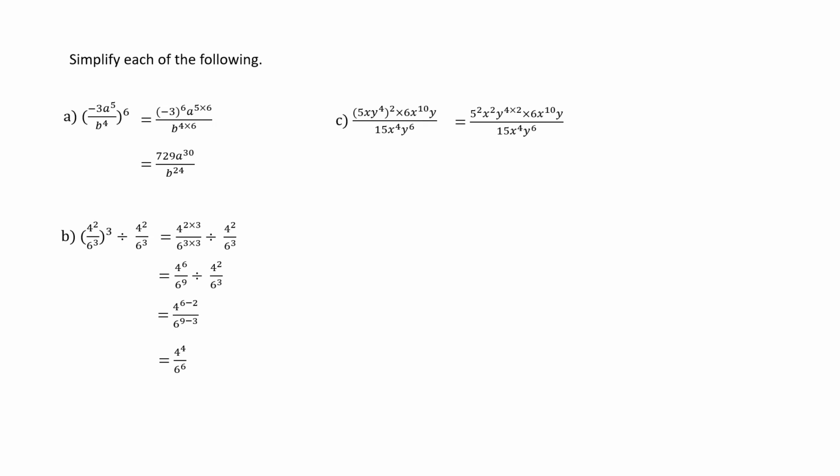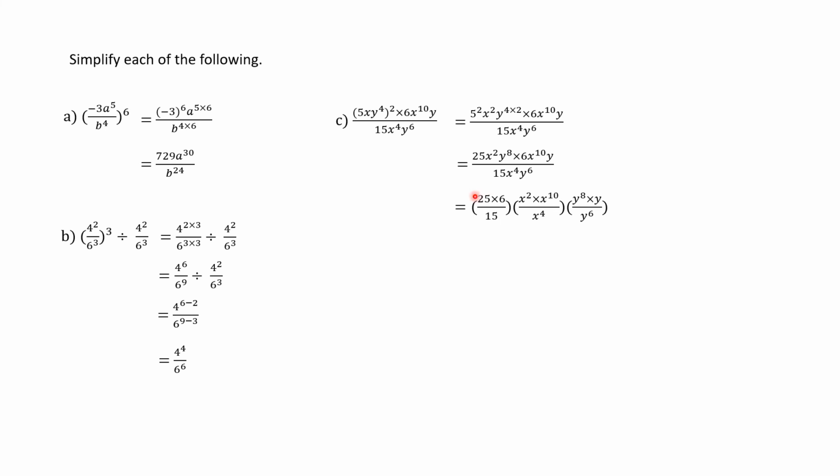Grouping means that you group the numbers together, and the terms with the same base together. So first thing, you simplify it, and then you do the grouping.